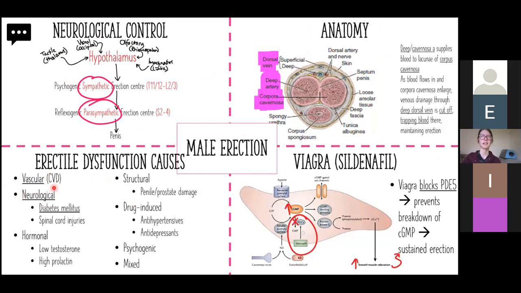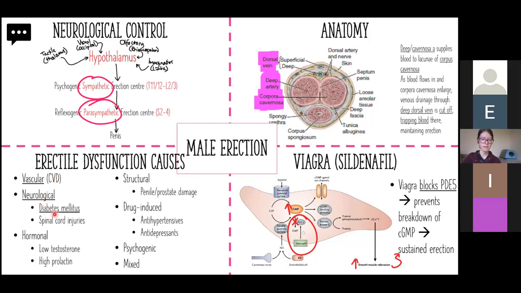So with vascular, obviously erection is all about increasing blood flow, right? And if you've got vascular problems, you're going to have blood flow problems. And so if you've got cardiovascular disease, so problems in the blood flow around your heart, then you're probably going to have it in your peripheries too.